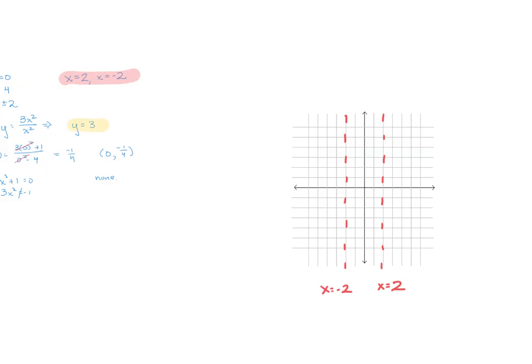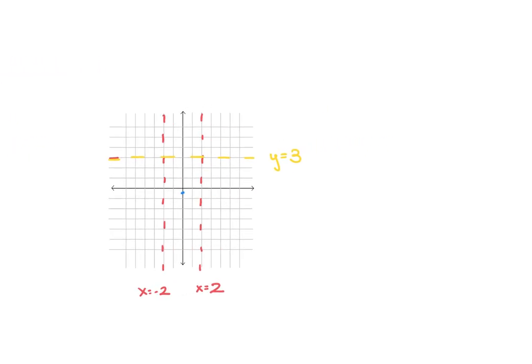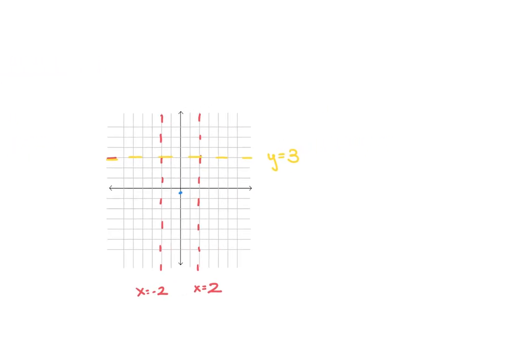We have a horizontal asymptote at y equals 3. And then we want to start plotting our points. So we have a y-intercept at (0, -1/4). And then we want to go ahead and use our table in order to find some other points.